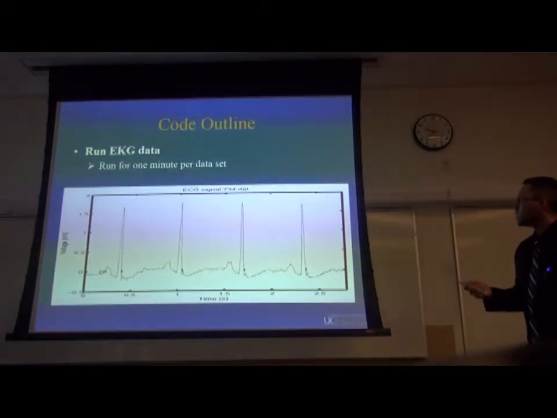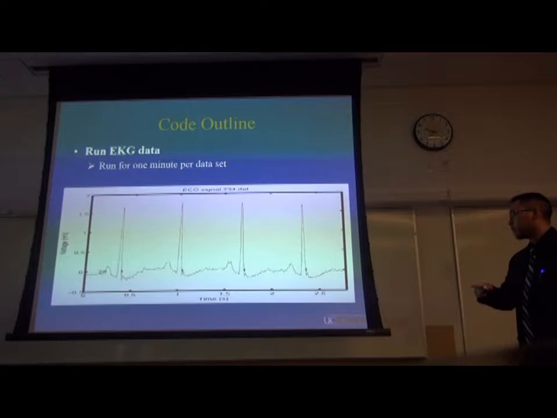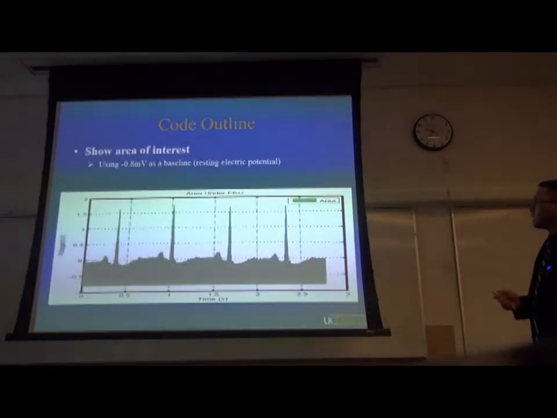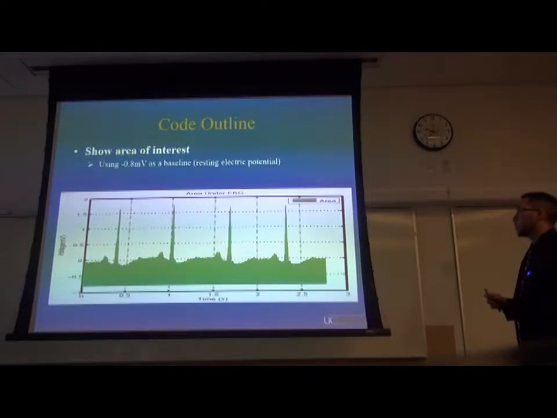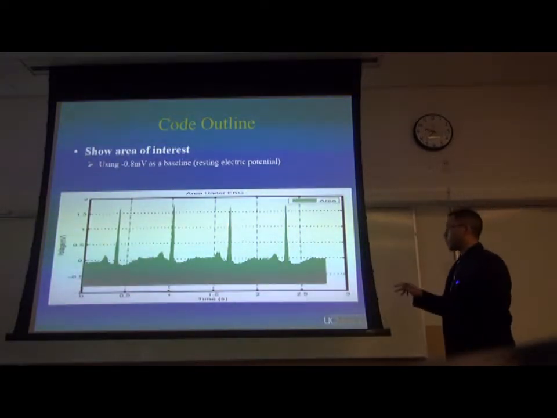And essentially, the next part, I take the baseline, which is 0.8 millivolts, and this is just to show the user on the program the area of interest that we want.